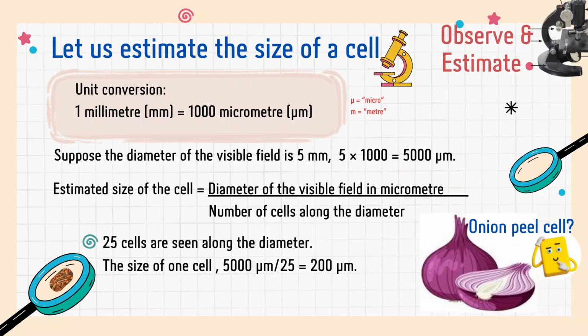To find the width of just one cell, divide the total width of the circle by the number of cells that fit across it. That is, estimated size of the onion peel cell is equal to diameter of the visible field in micrometers divided by number of cells along the diameter. By using a standard ruler to measure your field of view, you can easily figure out that a single onion cell is 200 micrometers wide.